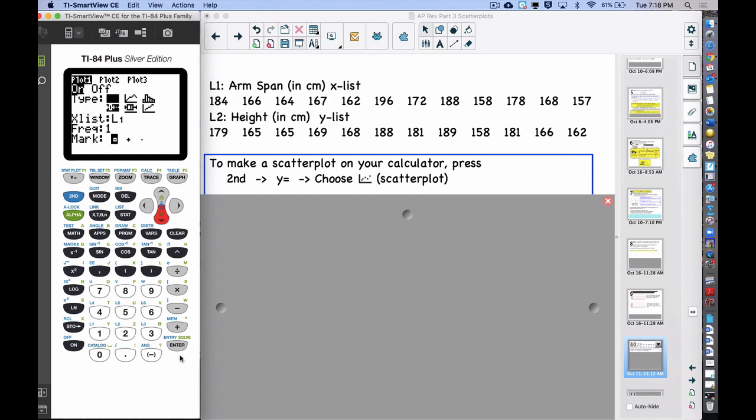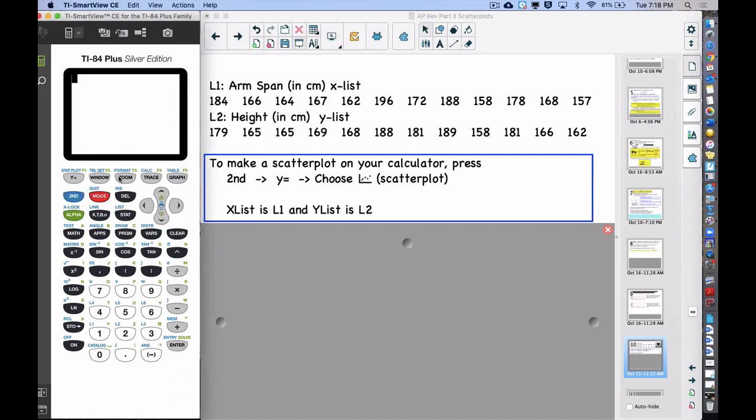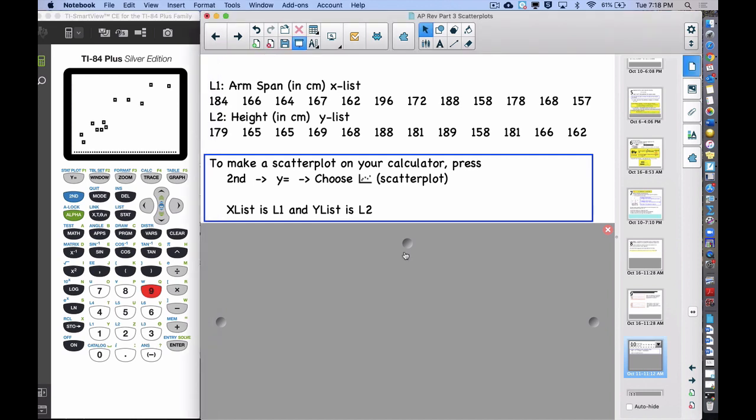I want to choose that first graph, a scatter plot. And right now I am doing a true scatter plot. So I should do List one as my x's, list one as my y's, and clear out of here. Now I can do zoom 9, and boom, there's my scatter plot. That might look familiar. We looked at this data a little bit earlier, I think it was this data in one of the examples I had.